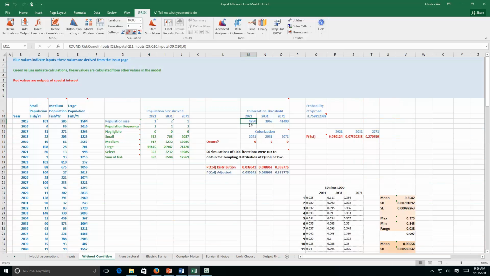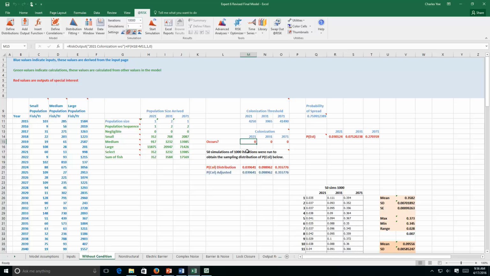In this particular scenario, it's saying if you get 4,250 fish or more, you will have a colony. What we do is take the number of fish that passed through by 2021, compare it to this, and if this number is bigger than this number, we put a 1 here. Otherwise, we put a 0.